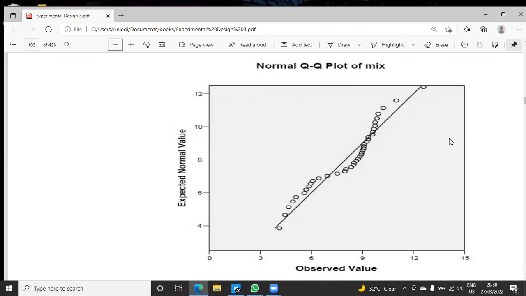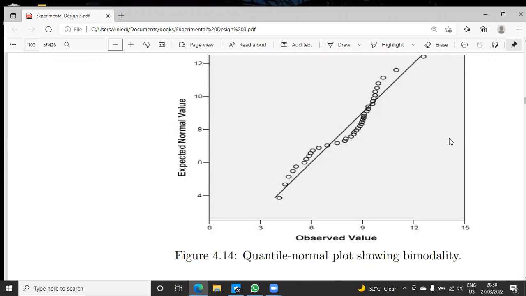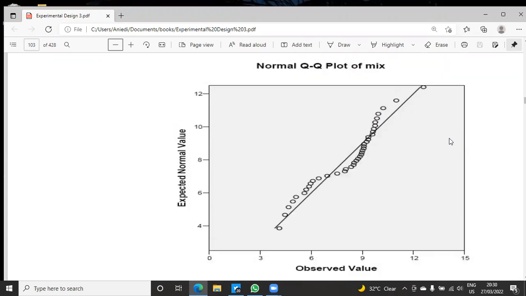This QQ plot introduces us to exploratory data analysis that is not univariate. You can use this in bivariate. In univariate, you can only plot against normally distributed data or a normal distribution read from the table. But in bivariate or multivariate, you might be given different samples from different populations.